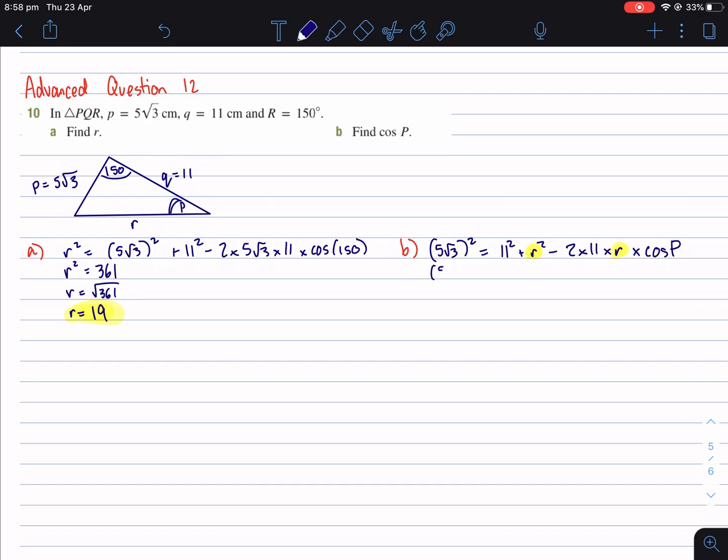We've got 5 root 3 squared is 11 squared plus 19 squared, take 2 times 11 times 19 times cos P, which means cos P equals 11 squared plus 19 squared, take 5 root 3 squared over 2 times 11 times 19. Now they haven't asked us what P is, just cos P, so let's just chuck this in our calculator. Plus 19 squared, take brackets 5 root 3 squared over 2 times 11 times 19. 37 over 38.